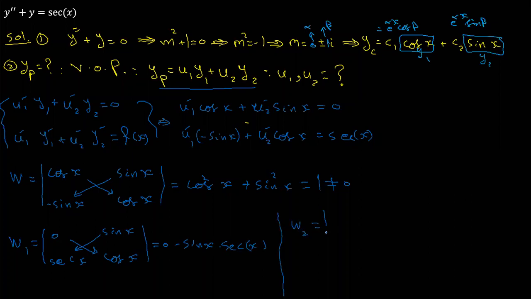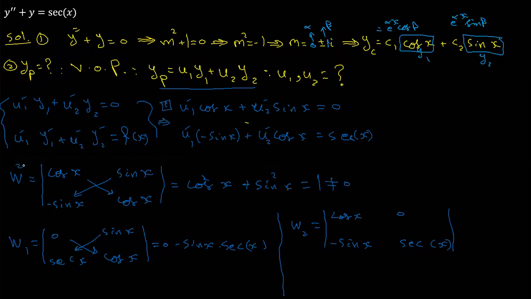I remember to find W2, I'm going to replace the second column from W by my right-hand side. So I have here cosine x, the same first column, and the second column I'm going to replace with my right-hand side, so 0 and sec x. Just one minute, let me write the steps for solving this system. This is the first step.